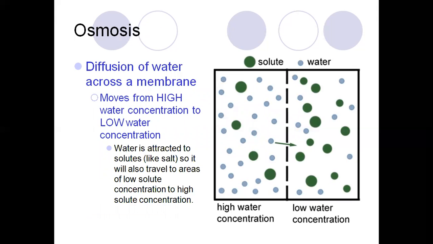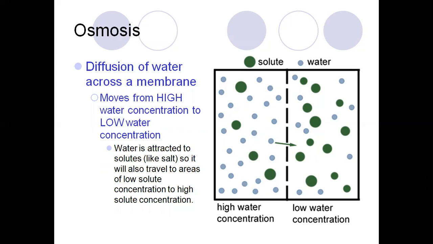Osmosis is one of the most important concepts inside cell transport. It is the diffusion of water across a membrane, moving from higher water concentration to lower water concentration. Water is attracted to solutes like salt, so it also travels from areas of low solute concentration to high solute concentration.